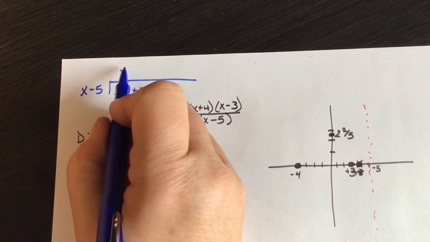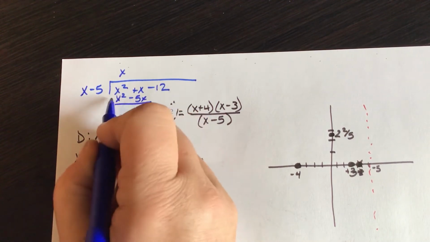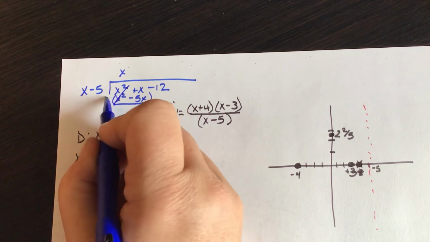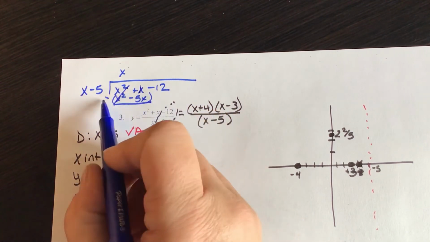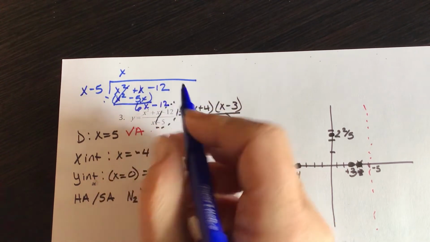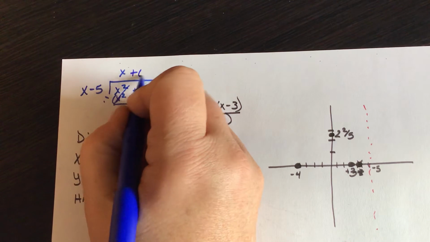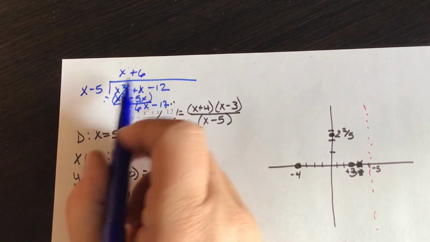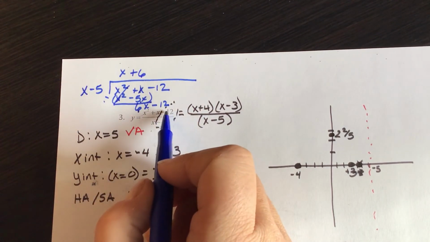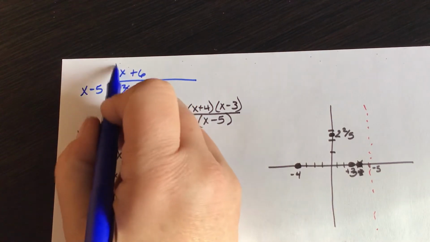Multiply x by x squared here. This is x squared minus 5x. When I subtract, I have 1x minus negative 5, so that's plus 6x. Now I say x multiplied by 6 plus 6, and then I'm going to get 6x minus 30. I don't care what the remainder is. That's going to be the remainder.